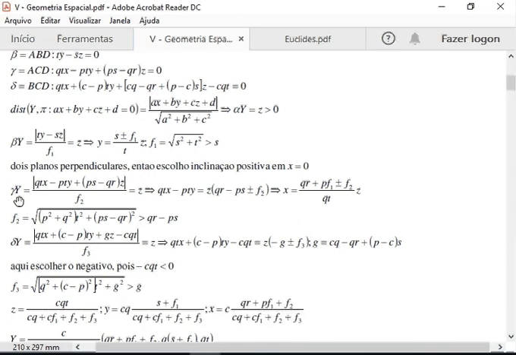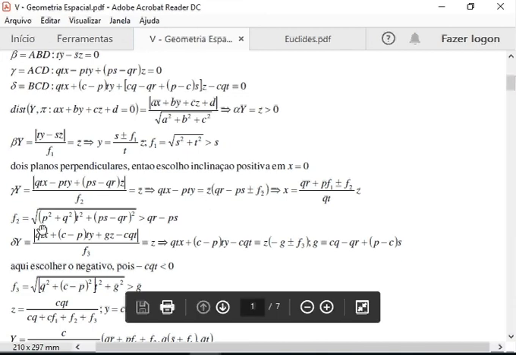The distance from Y to gamma is, using the formula, the absolute value of QTX minus PTY plus (PS minus QR)Z over the square root of P2 plus Q2T2 plus (PS minus QR)2, which is greater than QR minus PS, one of the edges, cathets.